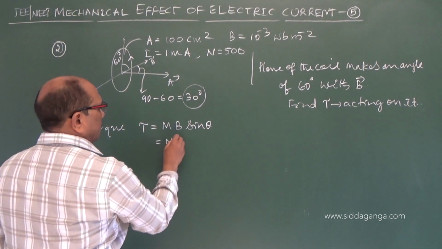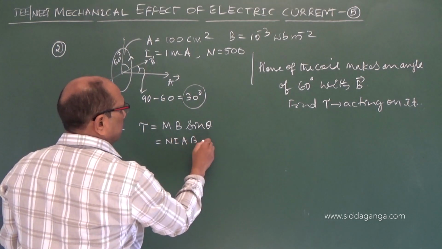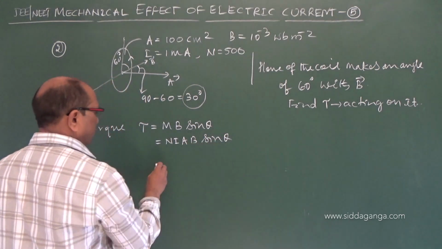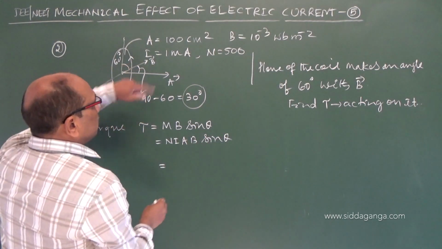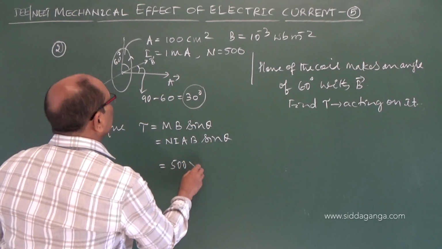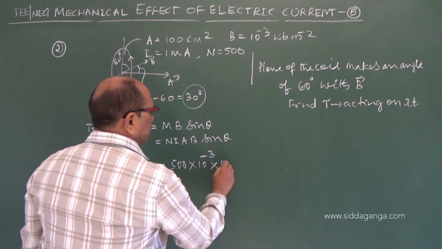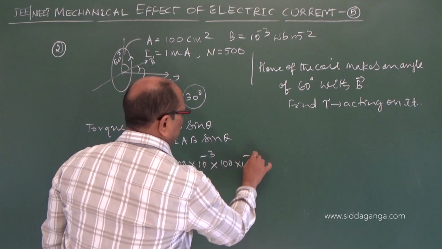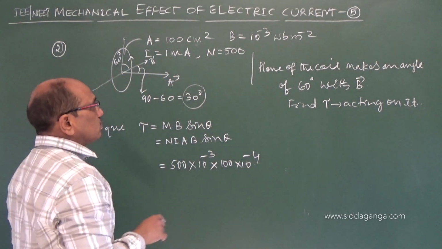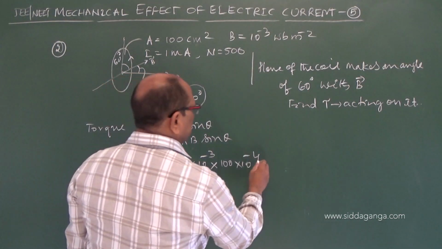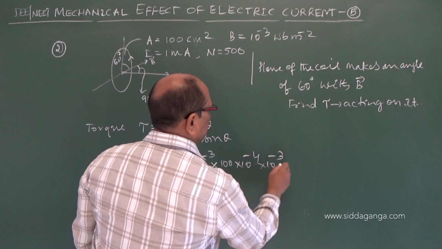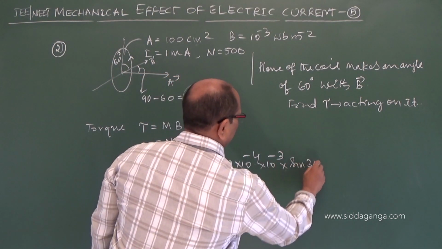Torque is MB, which is NIAB sin theta. N, the number of turns, is 500. Current is 1 milliampere, area is 100 into 10 power minus 4 (converting centimeter square to meter square), and magnetic field is 10 power minus 3 into sine 30.